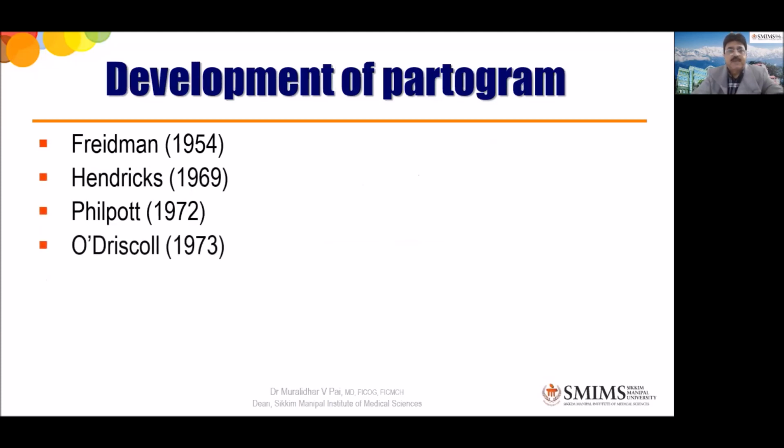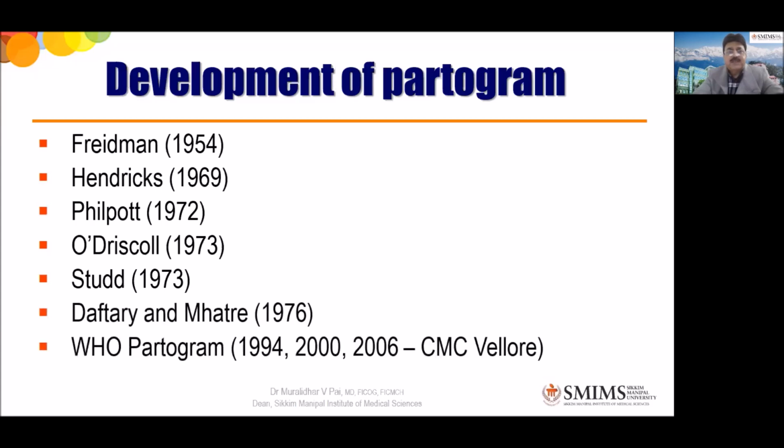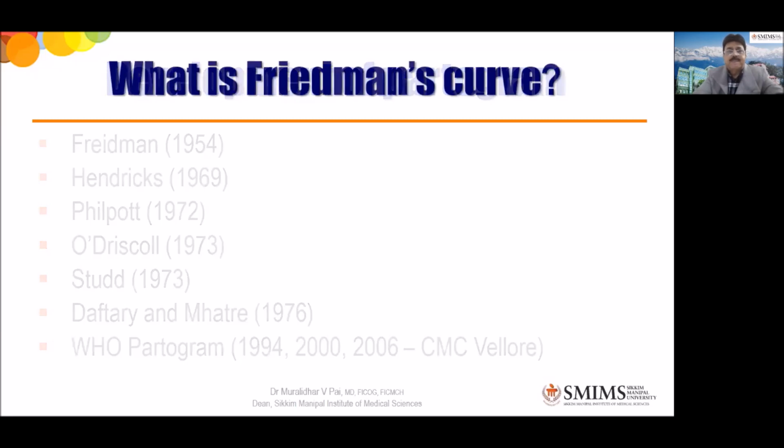Then so many people did their work, but it is Philpot in 1972 who actually contributed a lot, and today's partogram is a modified version of Philpot's partogram. Indians also have contributed, and even CMC Vellore has come up with its own partogram. But I'm not going to talk about that today because that's not universally followed.